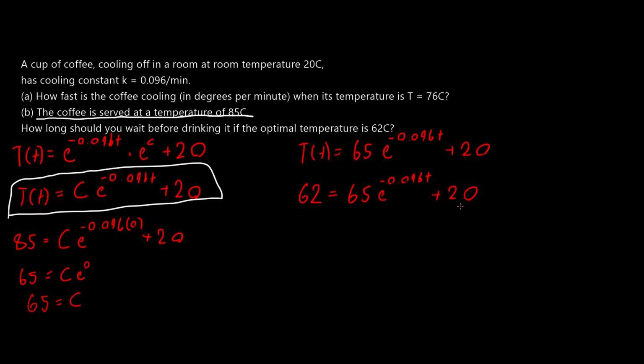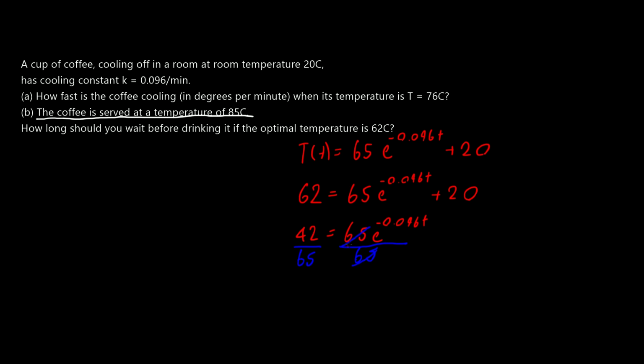And then once we subtract 20 from both sides, we're going to have 42 equaling 65 times e to the power of negative 0.096t. Now, let's divide both sides by 65. So then the 65s will cancel on the right side, and then on the left we're going to have 42 over 65 equaling e to the power of negative 0.096t.